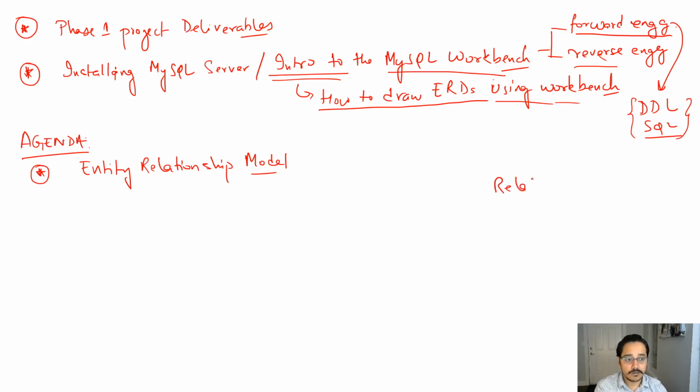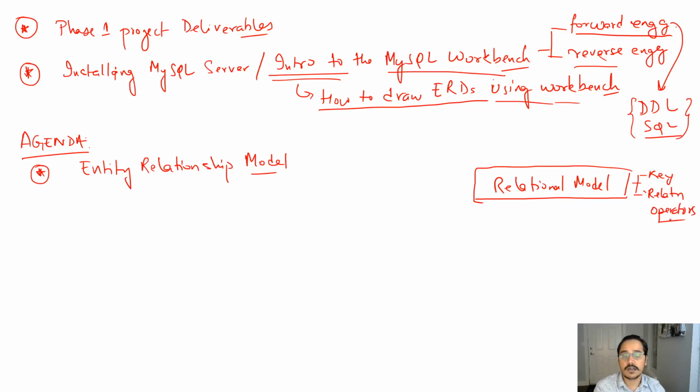So for that, we said that the data model we are going to select would be the relational model. But the relational model, even though it gives us conceptual simplicity, is the foundation on which most of the processing tasks are built. From the relational model, we were able to establish the concept of keys and get the help of the relational operators, which help us in different data manipulation or transformation tasks.